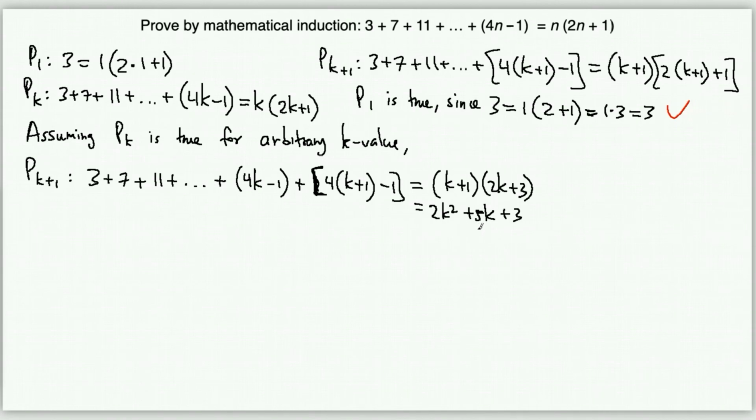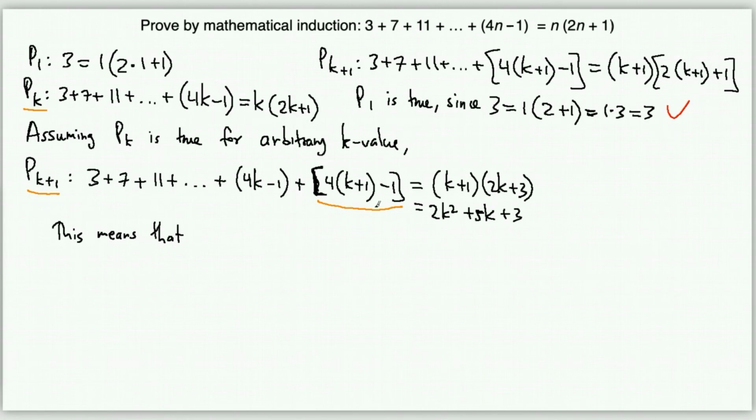So now what we need to do is compare this statement with this statement. Notice that the left side is almost identical except for this term being added that is missing here on this left side.